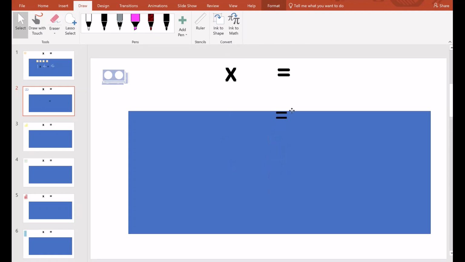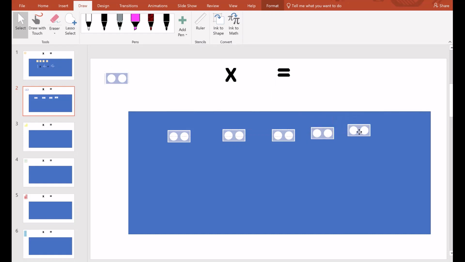Brilliant. Well done. Okay, have a look very carefully now. Right, I want you to pause the video and have a go at writing this number sentence down on your piece of paper. Do that now.